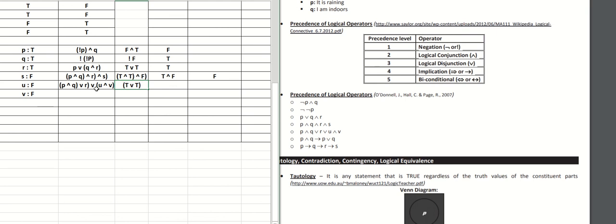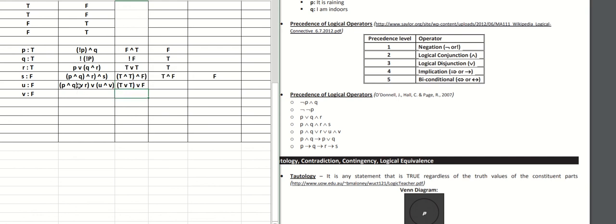And we copy the OR operator again, and we get the value of U and V. The value of U is false, and the value of V is false. So false and false is false. Now we get the value of the P and Q, which is here, which is true.